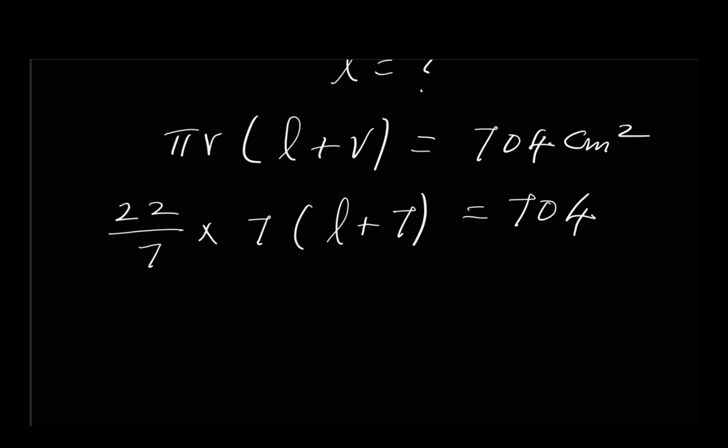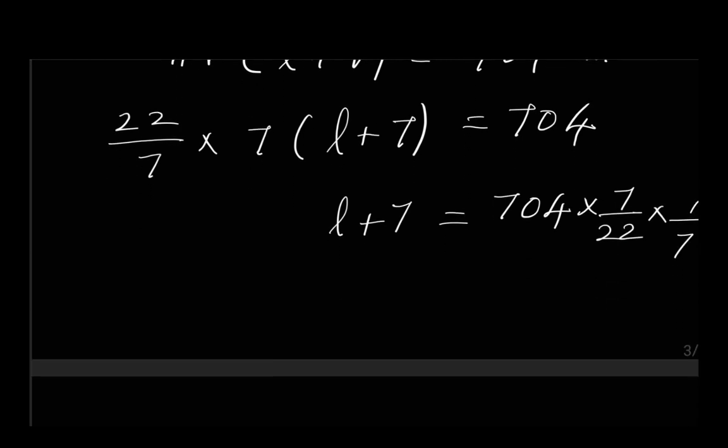So you cannot add L and 7, keep it as it is here on the left side: L plus 7 equals 704 divided by 22 by 7, that is 7 by 22. The 7 goes to the other side as 1 by 7, so I can cancel this 7 and the 7. 22 in 704 goes 32 times.